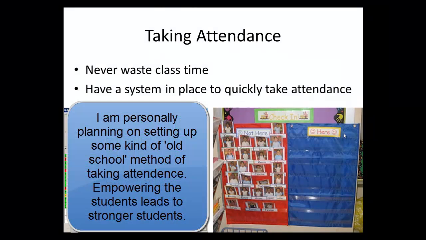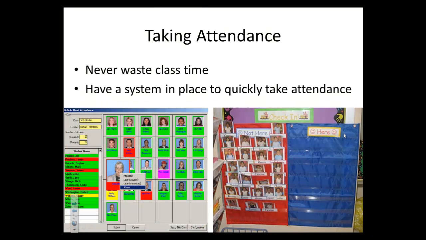On the right, we have what I like to call the old school method of taking attendance. We make the students responsible for taking their own attendance by taking the picture themselves and moving it over to the here side. Then, when they're walking into the room, they move the picture over, they take their seat. The teacher only has to look at the red side to see who's not there.